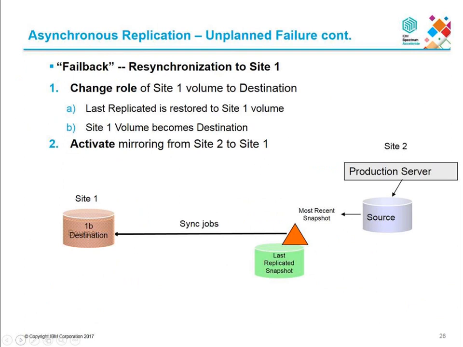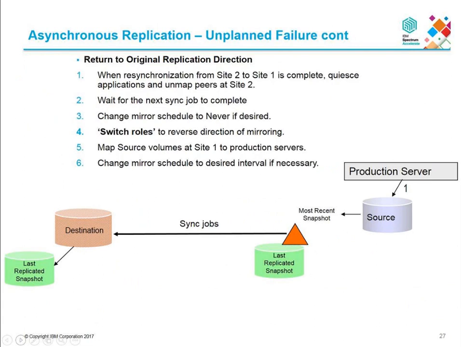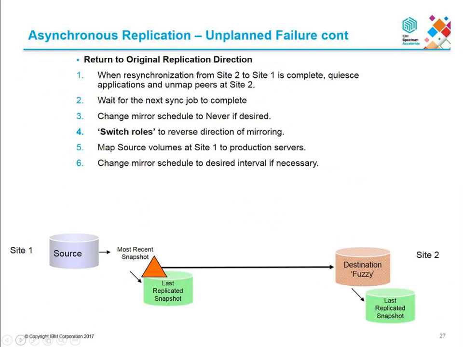I'm going to bring my server down. I'm going to force another sync job to occur. Let me catch up, right. Then I'm going to do a switch roll, and that's going to set things back the way they used to be, and then I can bring my production server back up on the source.